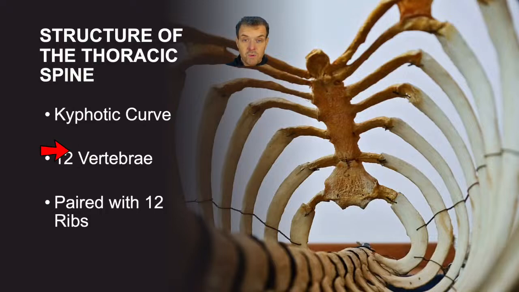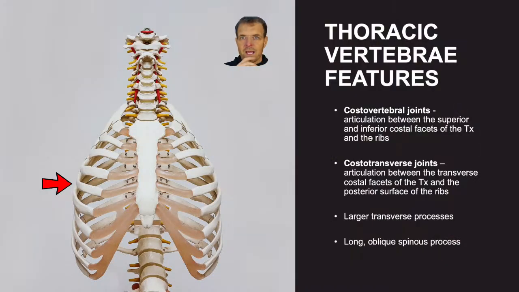There are usually 12 vertebrae, and again, we know from the lumbars that there can be more and there can be less, and they are paired with 12 ribs. So for every thoracic vertebra, there is an adjoining rib. We've got a similar structure all the way through the thoracics, except the ribs change as you go down, and we'll talk about that as we go.